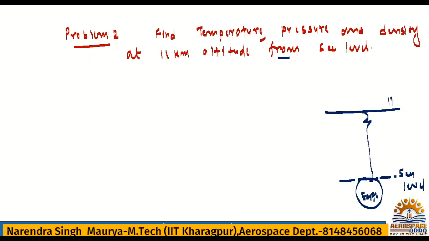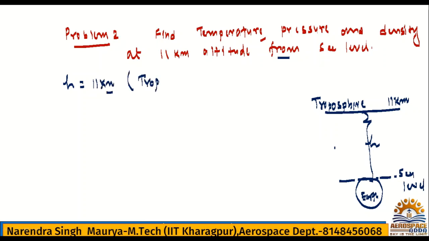It is mentioned 11 kilometer. What is this 11 kilometer? I told you this is the outer edge of the troposphere, which means you are still in the troposphere. So H is nothing but 11 kilometers. What is H? 11 kilometer, which means you are in the troposphere. Beyond 11 kilometer, if you go, then the stratosphere will start.